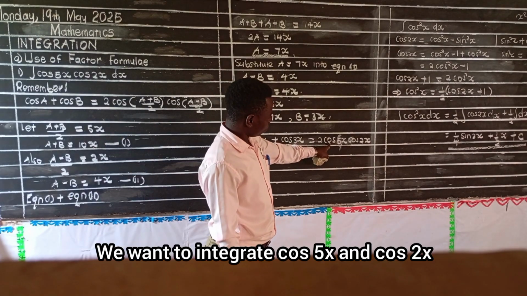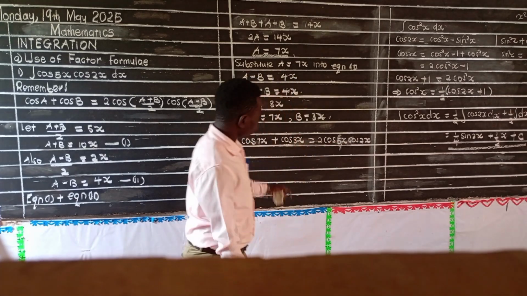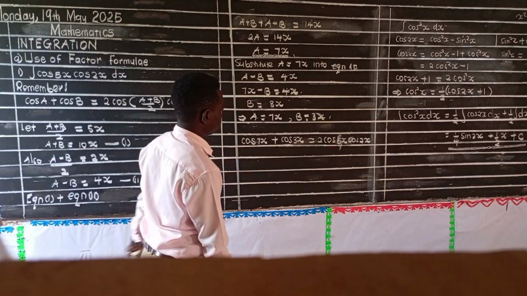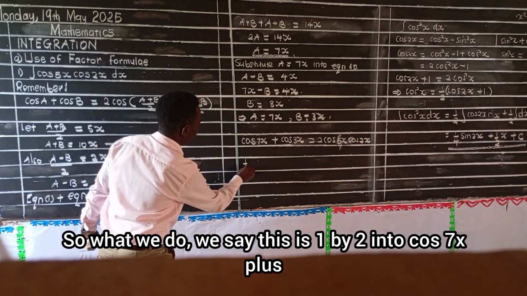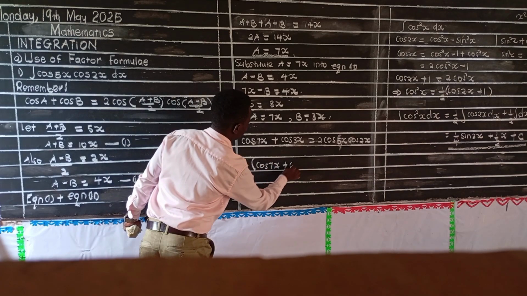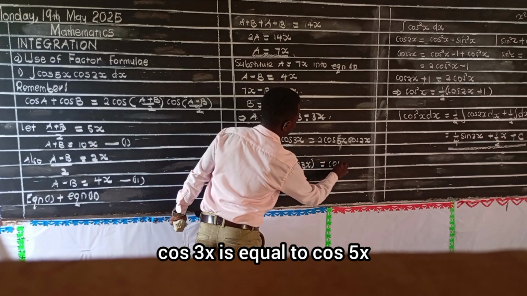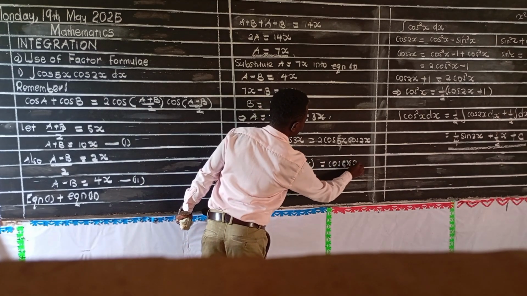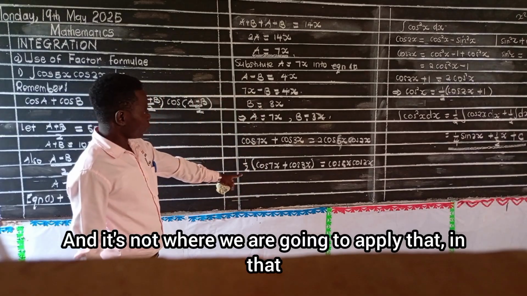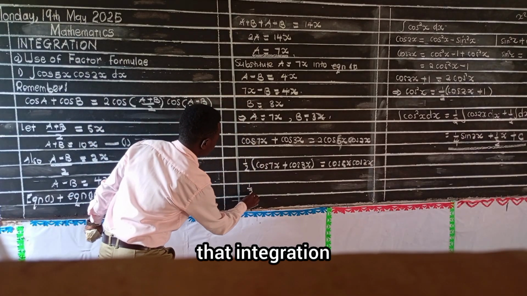Now, this is where a teacher has made a mistake. We want to integrate cos 5x and cos 2x, so we have to eliminate the coefficient of these functions. So what we do, we say this is a half into cos 7x plus cos 3x, which is equal to cos 5x cos 2x. And this is now where we are going to apply the integration.